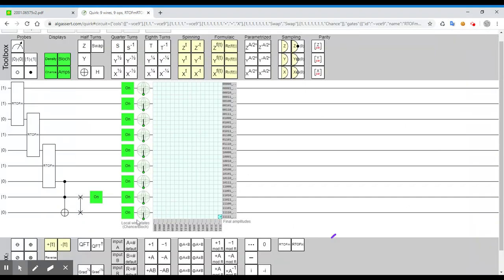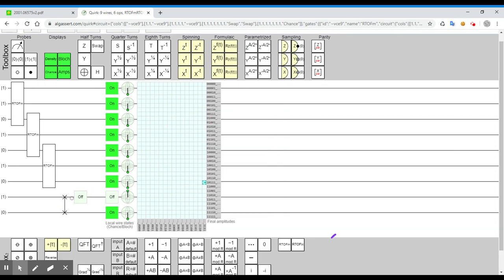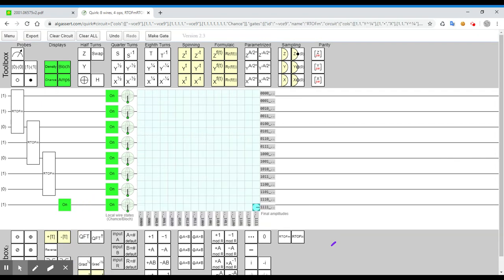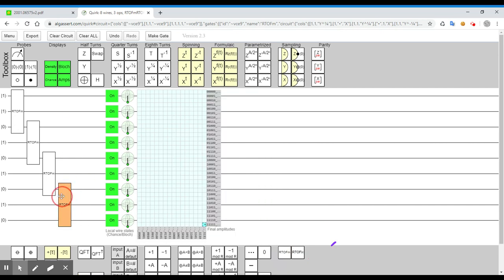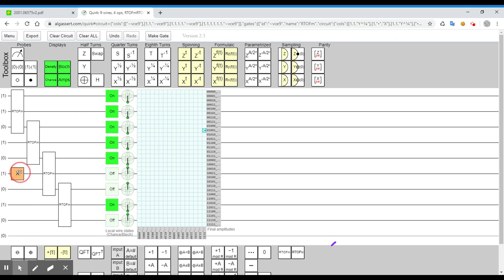If I use another RTOF M in here, I mean, that's on, right? If I turn any of those off, then that's off, off, off, off, off.